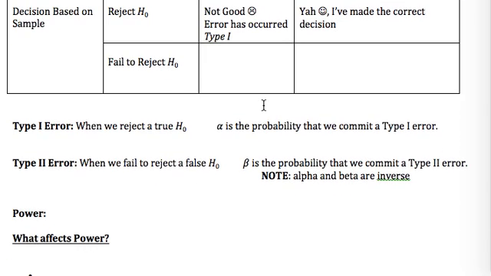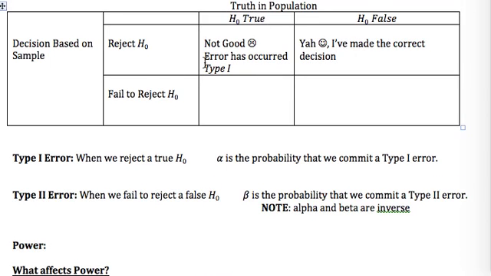I just think this is kind of making it a little easier to understand. So if H sub O is in fact true and you fail to reject H sub O, is that good or not good? I agree with Sean. Yay. I've made the correct call here as well. And if H sub O is false, but I fail to reject it, I kind of gave it away because I said but.